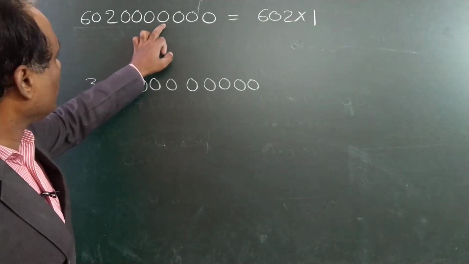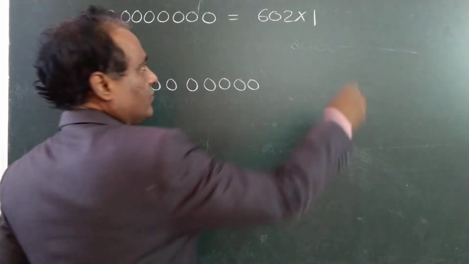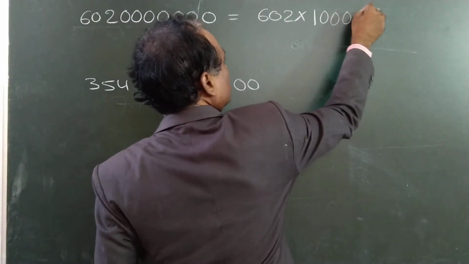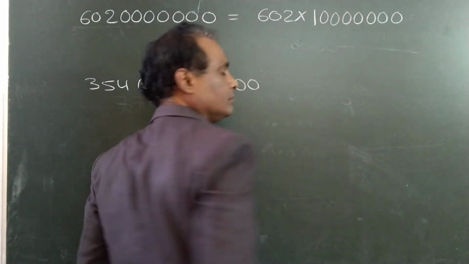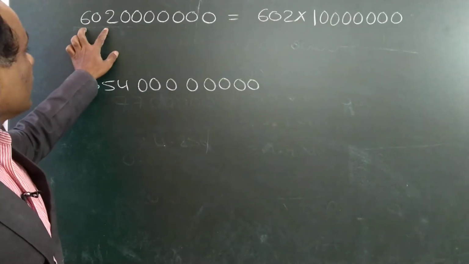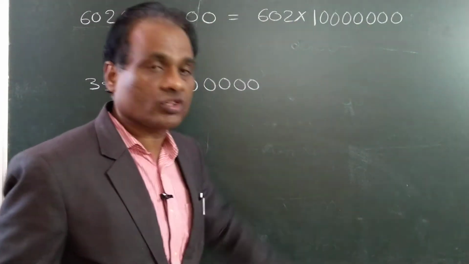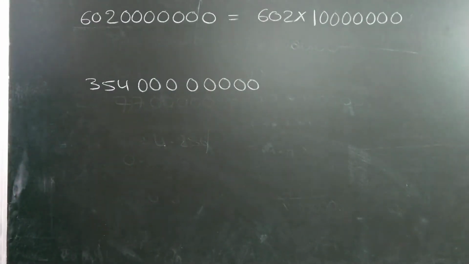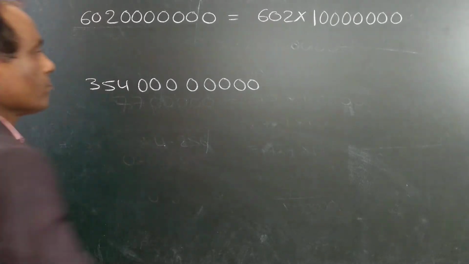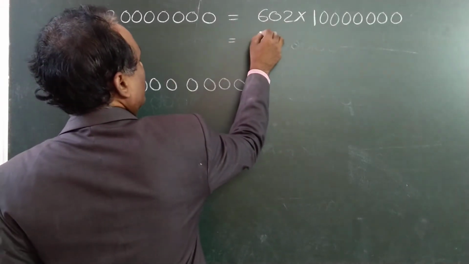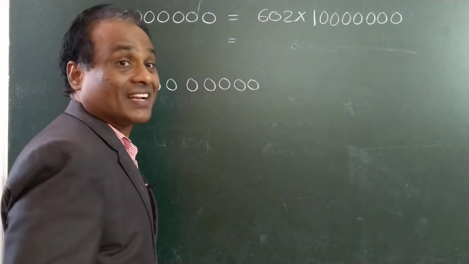See here. 1, 2, 3, 4, 5, 6, 7. 7 zeros. 602 into 1 with 7 zeros. But the decimal should be after 1 digit.